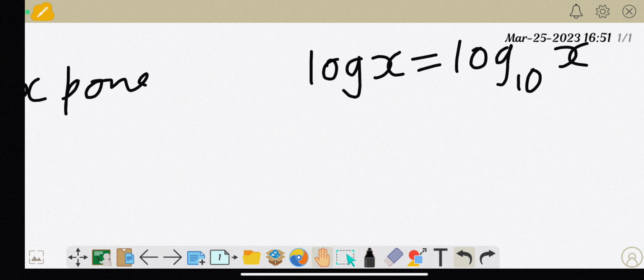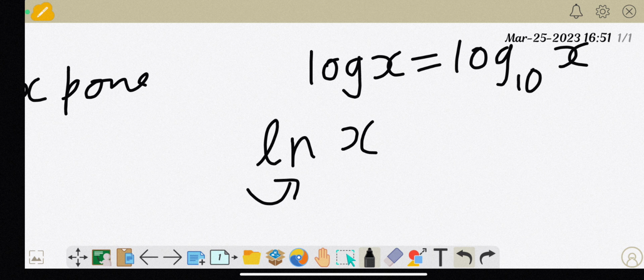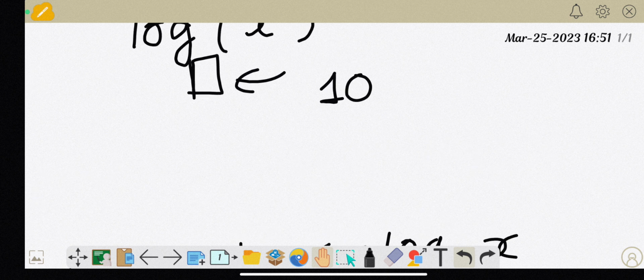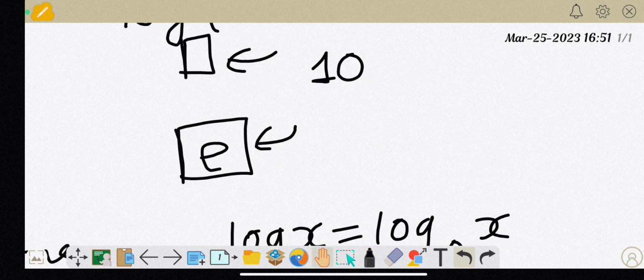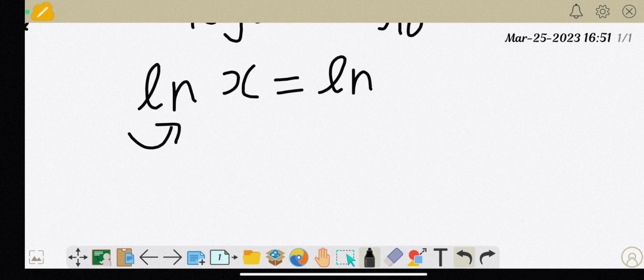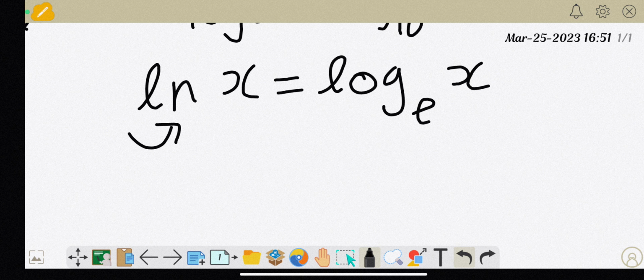Sometimes they write it as ln. So ln of x means natural logarithm of x, where the base is our natural exponential number, the small letter e, whatever we found out, right? So ln x is related to log x in this way: log base e of x. If your base is e, then it is ln x.